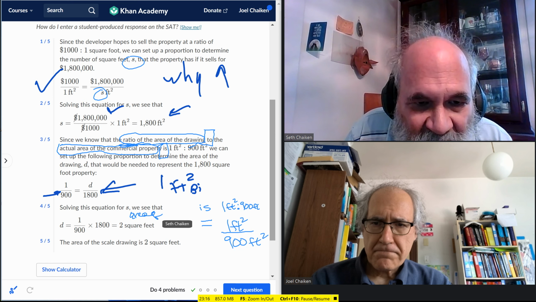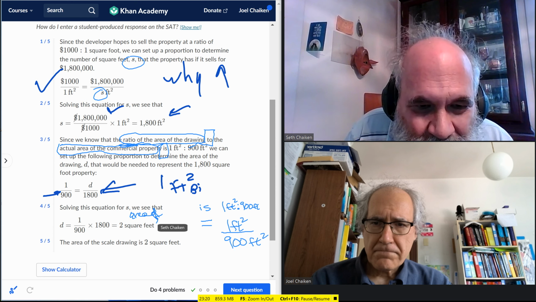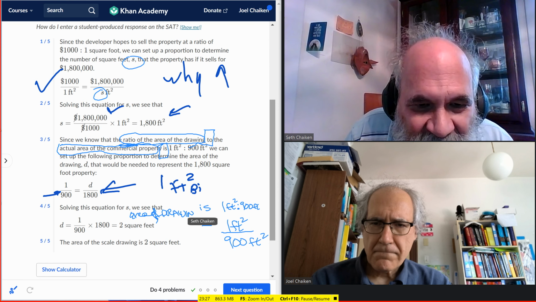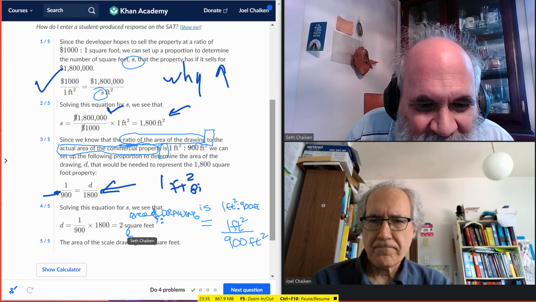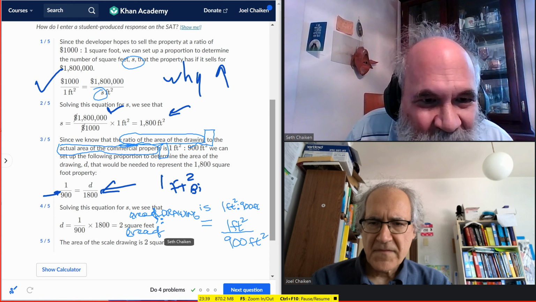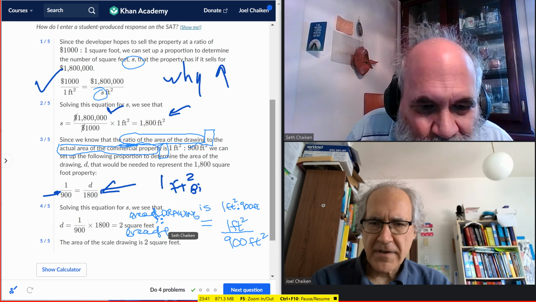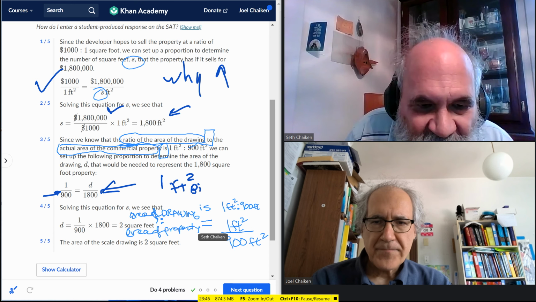area of drawing, ratio colon, area of property. Right. You see the colon.